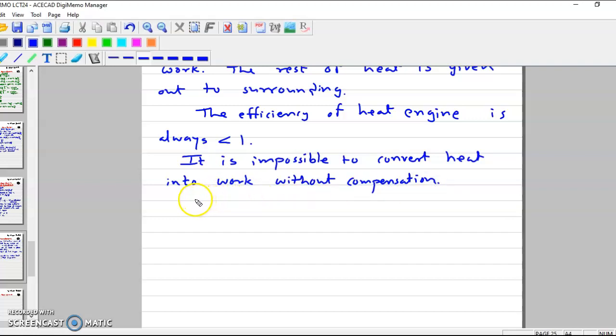So basically the heat engine's efficiency, or Carnot cycle's efficiency, is T1 minus T2, or higher temperature minus lower temperature, upon higher temperature. So this way you have to remember.